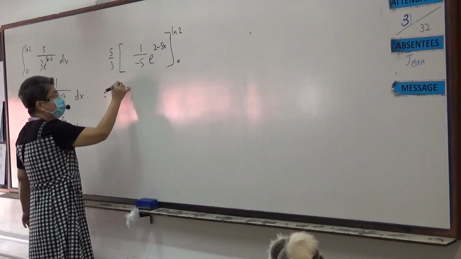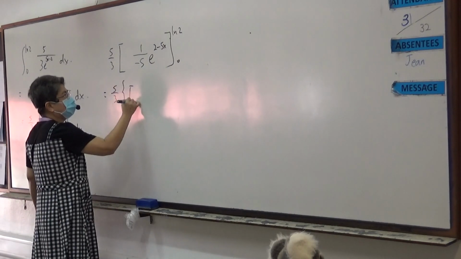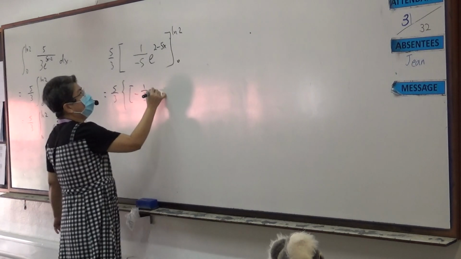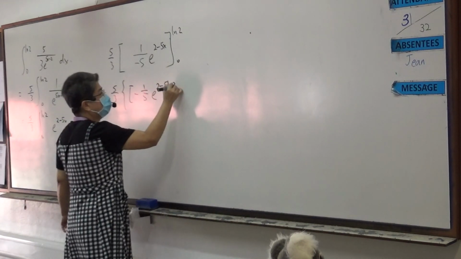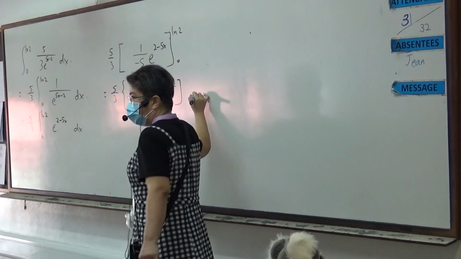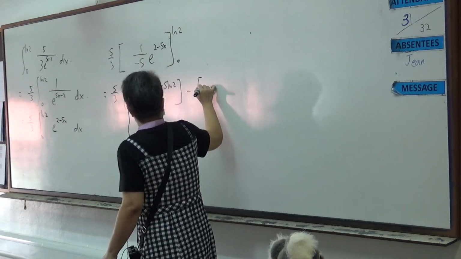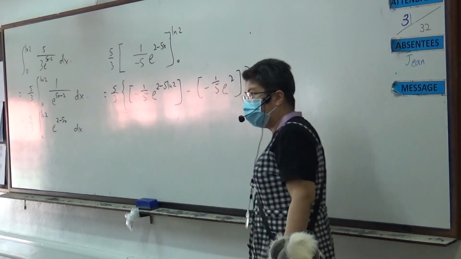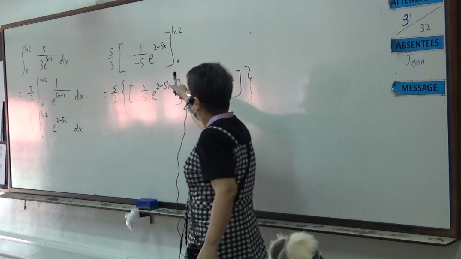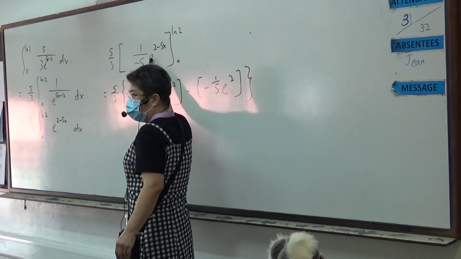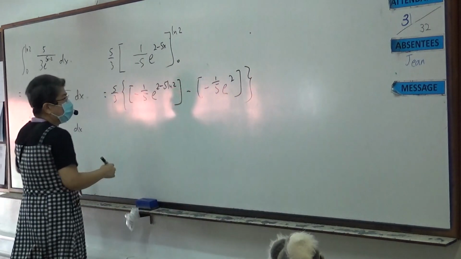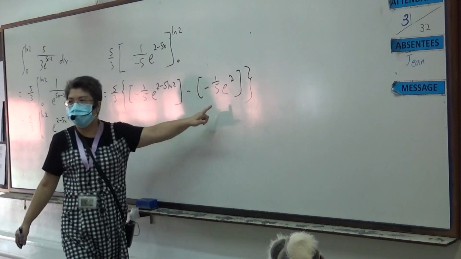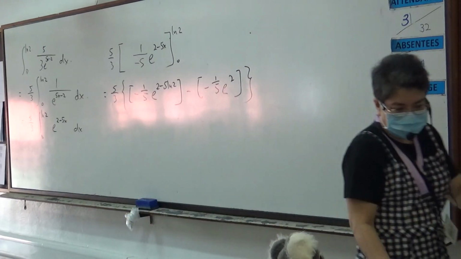So, what does this mean? This one means 5/3 times negative 1/5 e to the power of 2 minus 5 ln 2, right? Correct. Minus negative 1/5 e to the power of 2, correct? Because it's 0, right? So 2. Okay. Can you all key in this one times this one, whole thing all together? All of you do it now.